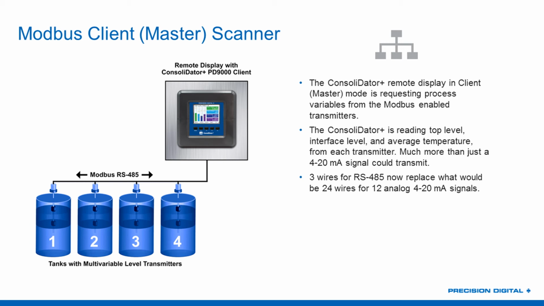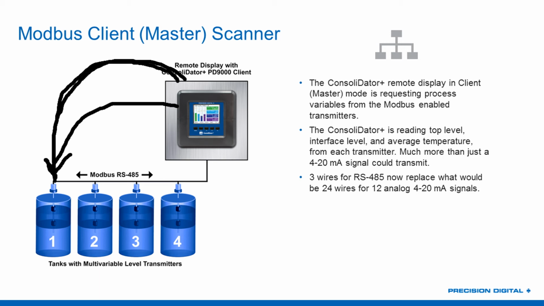So instead, I'm going to use the master mode and connect up to my server or my slave transmitters. And I gang all those up on the Modbus RS-485 bus. And now the Consolidator sends the request saying, hey, transmitter 1, send me back the top level information. Hey, transmitter 1, send me back that interface level. Hey, transmitter 1, send me back the temperature information.